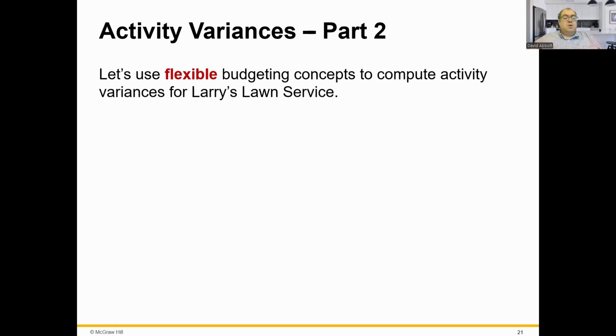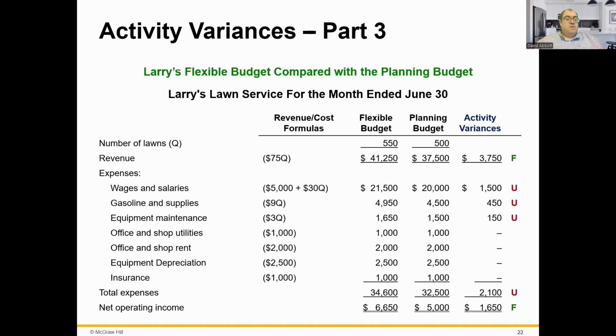So now we'll use the flexible budget concepts in order to compute the activity variances for Larry's lawn service. Now, the level of activity in the flexible budget, 550 lawns, is 10% higher than the level of activity for the planning budget, which is 500 lawns.